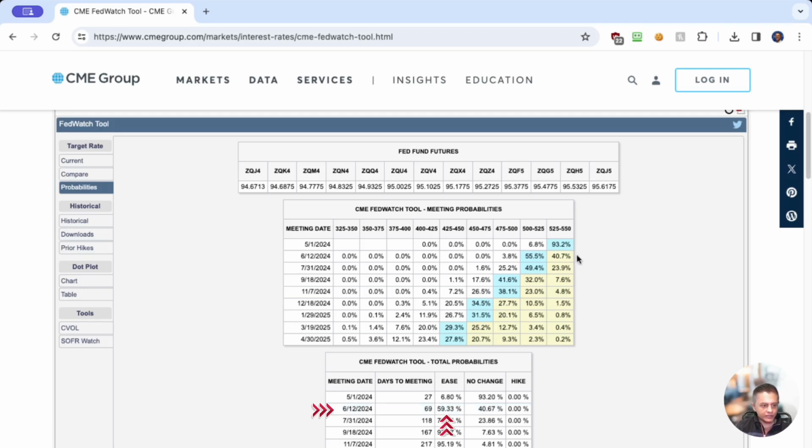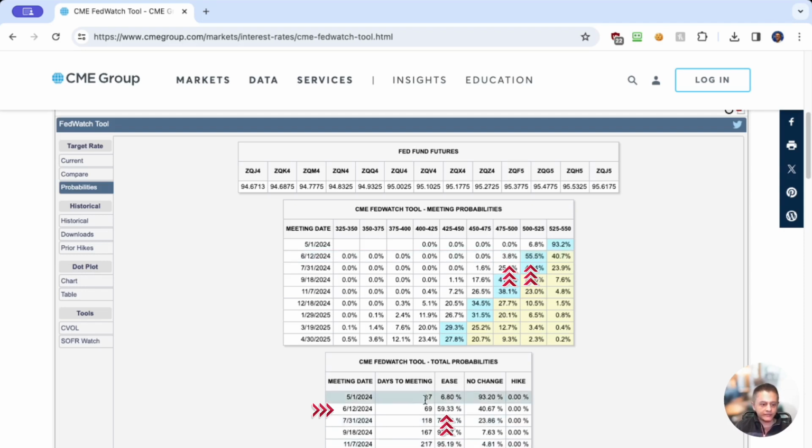Because what we saw here was 55.5%. So all it is that you just add up all the numbers here, and that gives you the chance of a cut. Because even if it's a 50 basis point cut, which has only 3.8% probability of happening, that still adds into the projection of a rate cut.